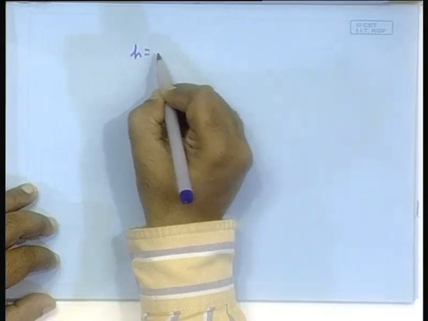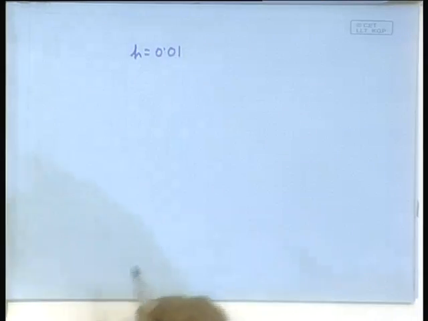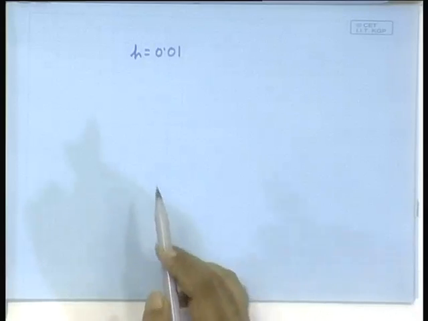Now, the additional nicety that one does is, normally if you write the differential equations and then try to solve it, one sets the h to a small value. But then this h may not be sufficient.